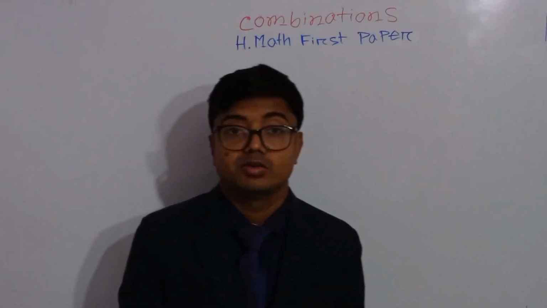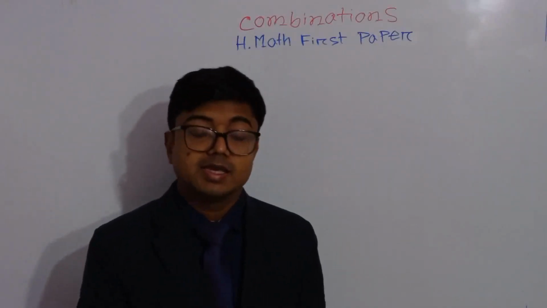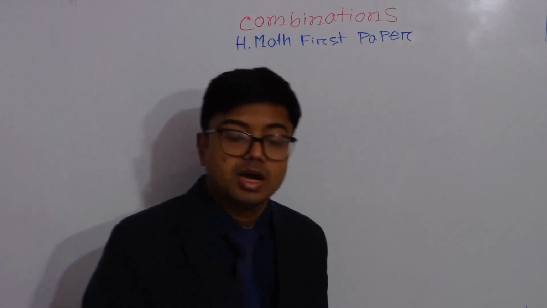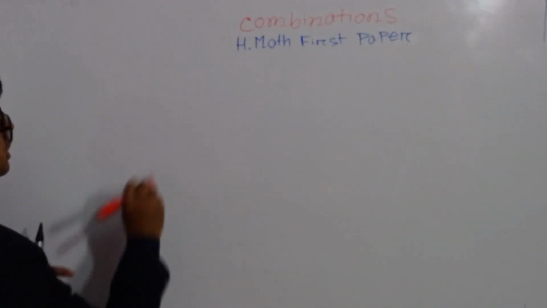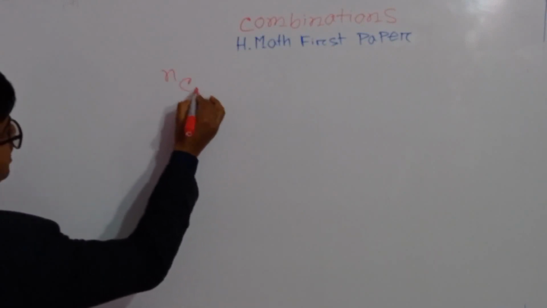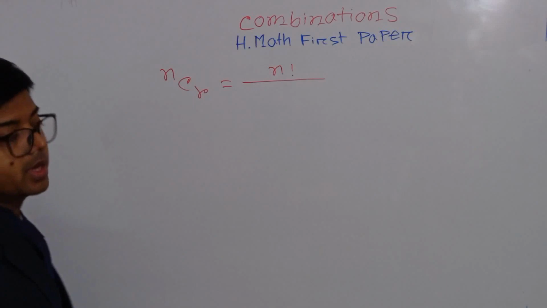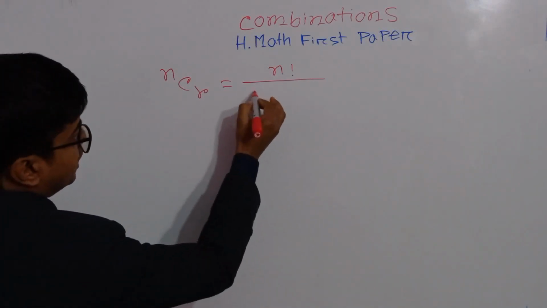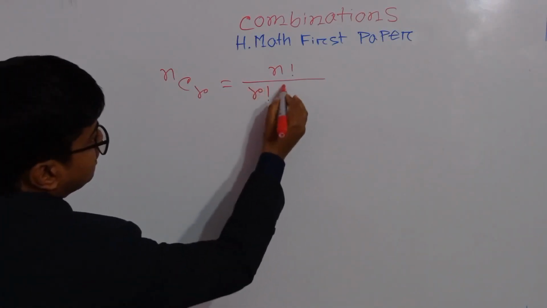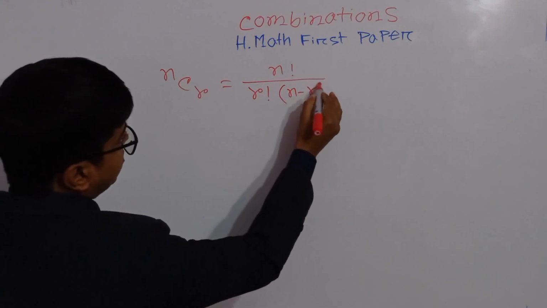Now we can find the value of nCr for different values of r. So we can write nCr equals factorial n over factorial r factorial n minus r.